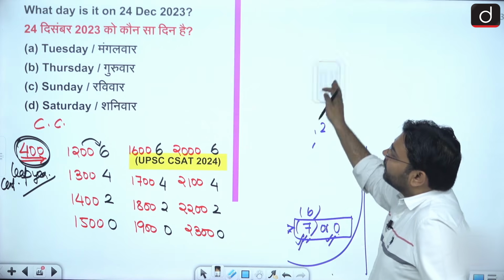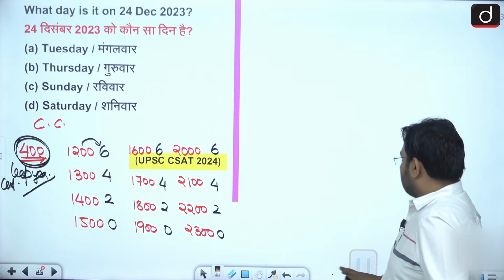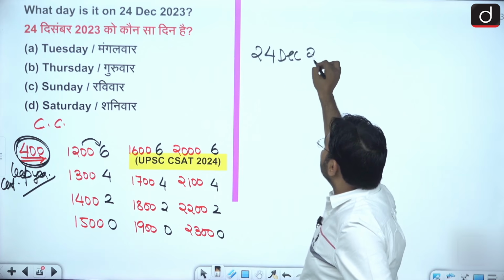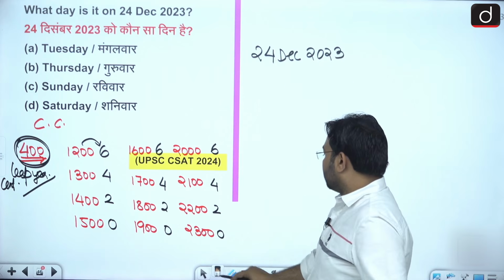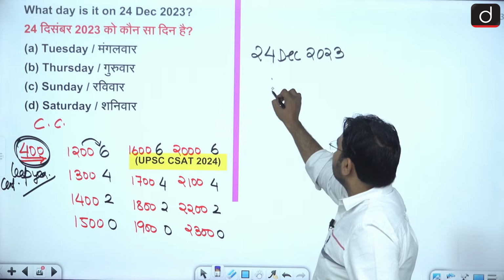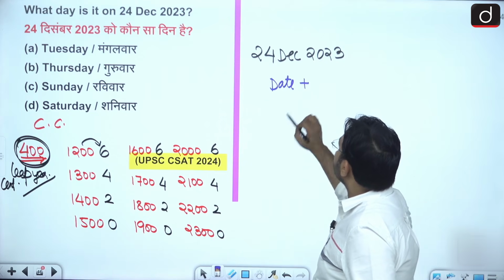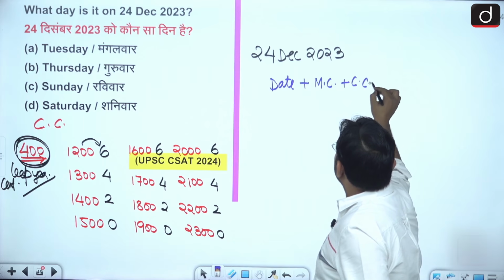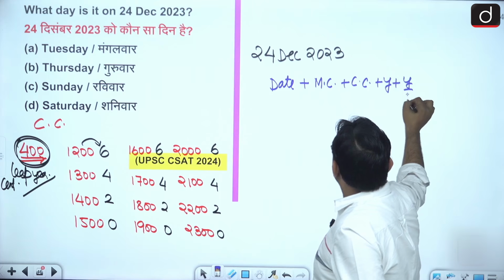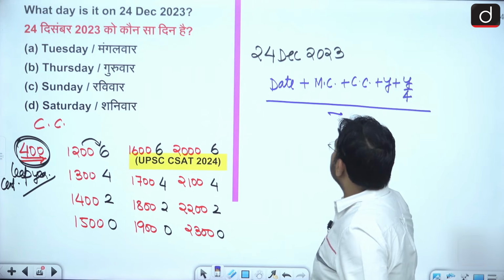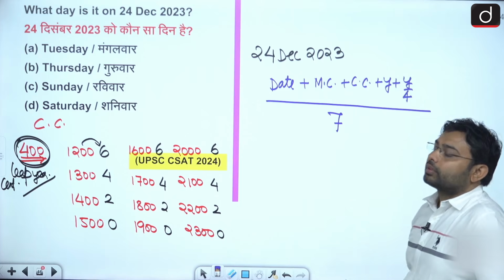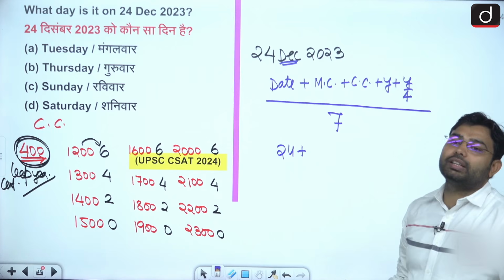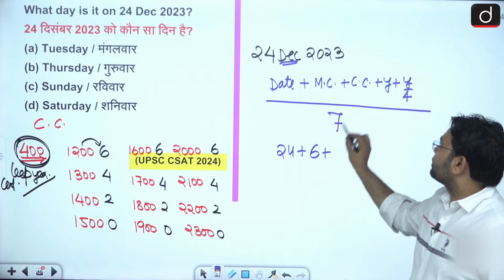Now you need to find the day. What day is it on 24th of December 2023? Date plus month code plus century code plus year plus year by 4, and divide by 7. Date is 24. Month code for December is 6, plus century code.